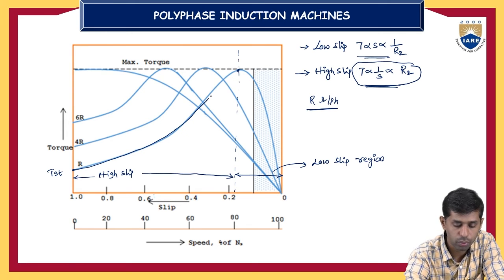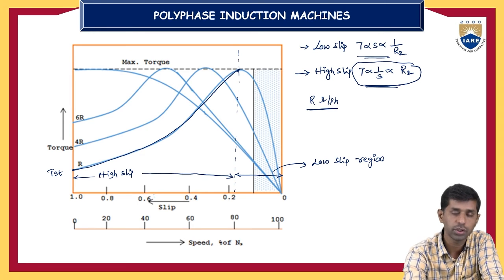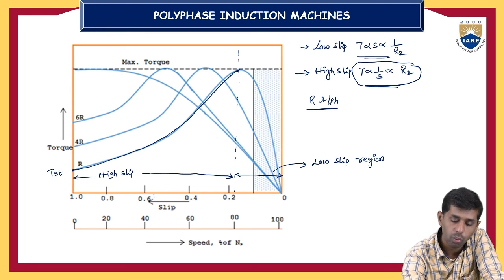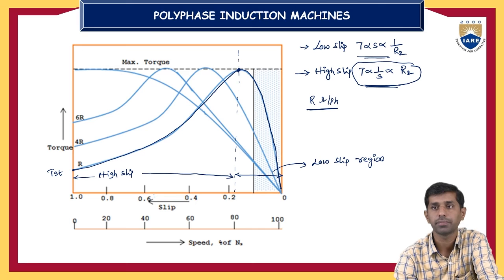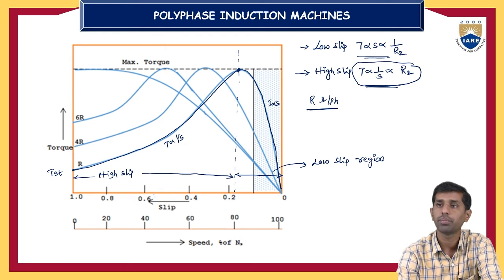This is a region called the unstable region. Once it gets the maximum torque, it becomes the stable region, that is called the low slip region, where torque is proportional to S, whereas torque is inversely proportional to S in the high slip region.